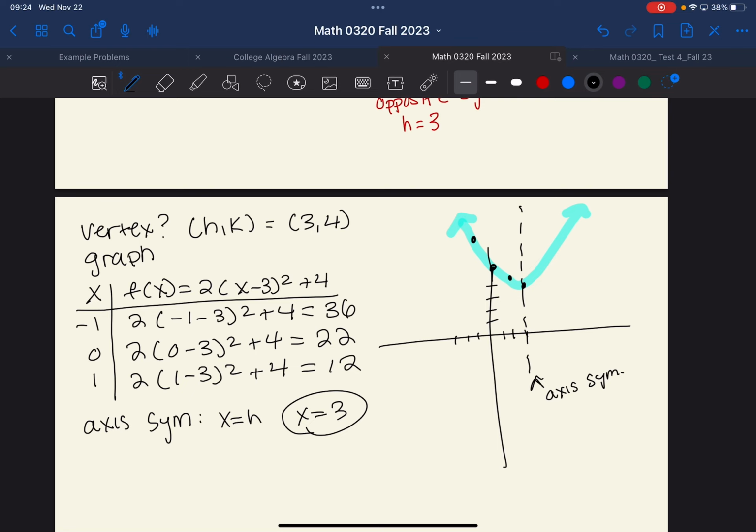Then it wants us to identify if this is a maximum or a minimum. So looking at the vertex on the parabola, is that vertex on the bottom or is it on the top of our parabola? So we're looking right here at the vertex. Is that on the bottom or the top? So it's on the bottom. So remember, we can have our parabola 2 ways. We can have it pointing up and it's on the bottom, or pointing down and it's on the top.